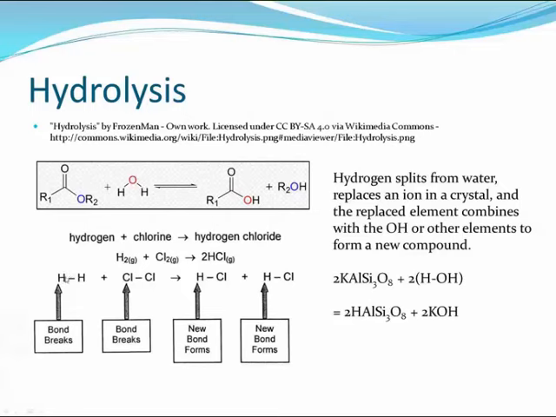So we take the hydrogen from here, a bond breaks and releases this hydrogen. It comes over here and replaces this chlorine and kicks it out. And it combines with the materials that are in solution shown up here. And so then we end up with a less stable mineral because the bond is different.